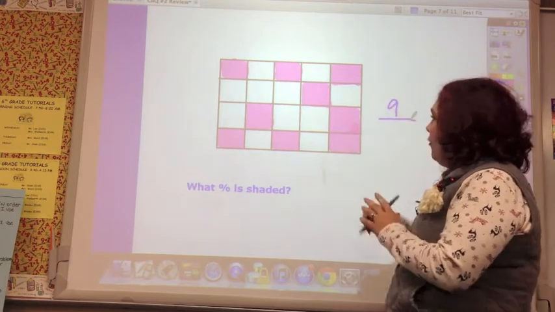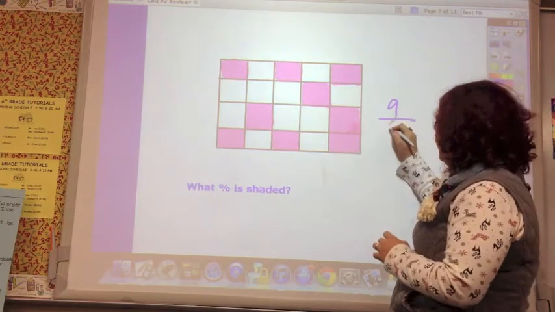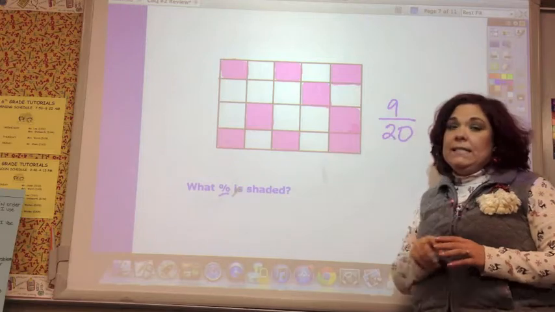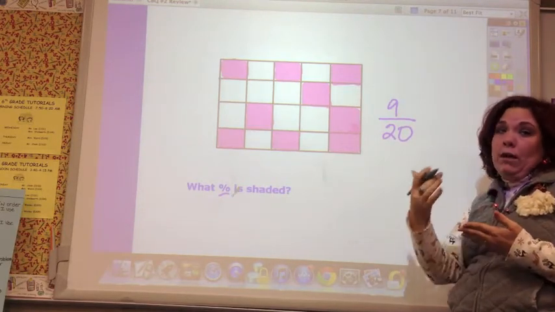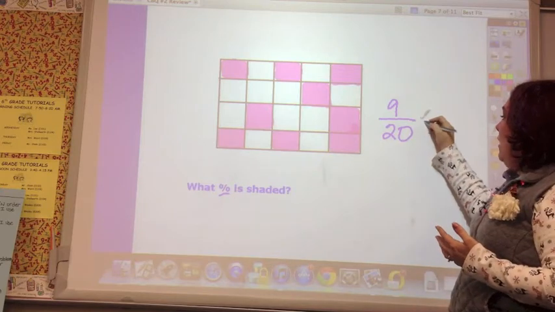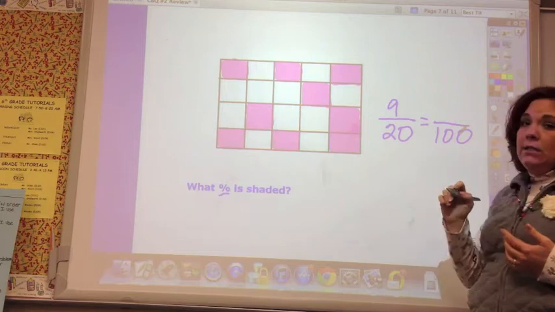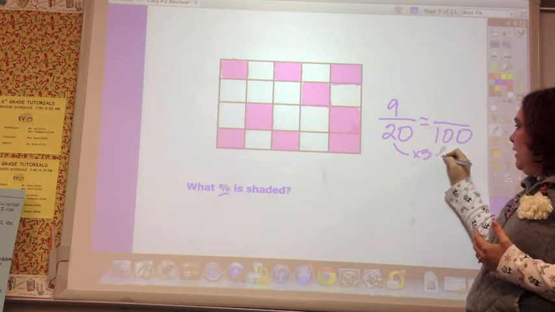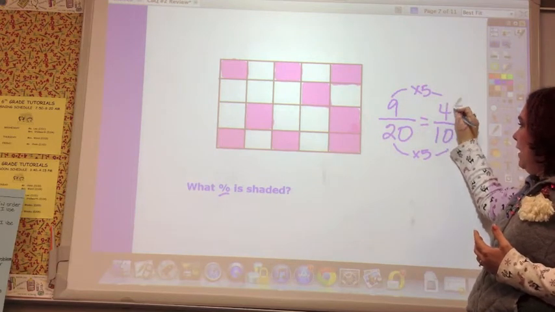9 out of, this is 5 times 4, so 20. So there's 20 blocks. Now it says, what is the percent? So to get my percent, I've got to get it over 100. So I've got to use scale factor to get to 100. So 20 times 5 is 100, and 9 times 5 is 45.